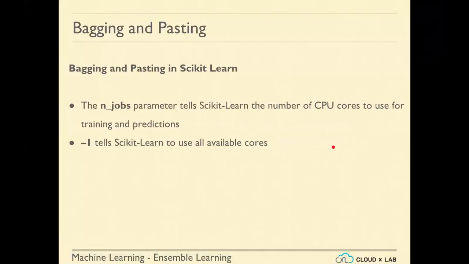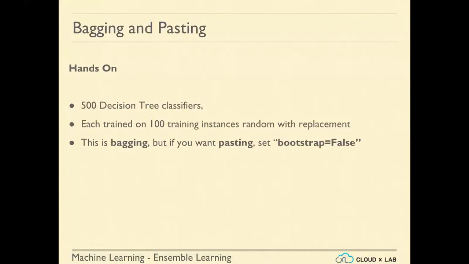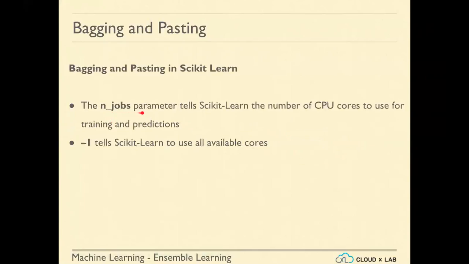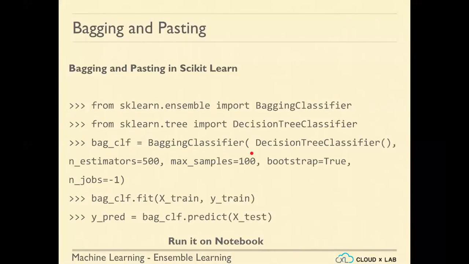The n_jobs parameter tells scikit-learn the number of CPU cores to use for training and predictions. By default we should put -1 because that allows scikit-learn to use all available cores.